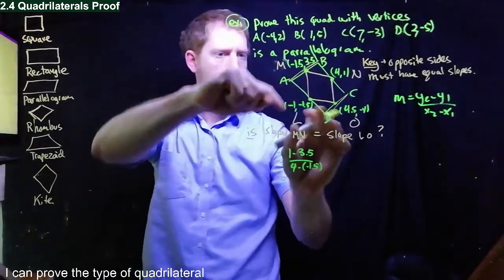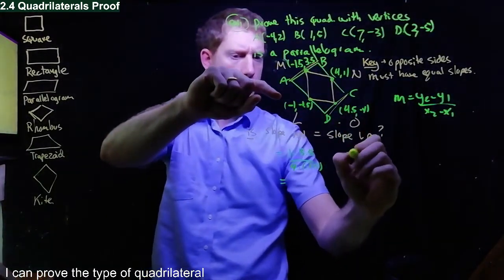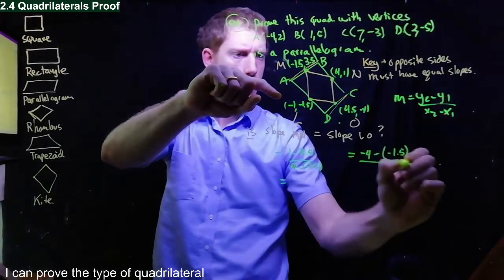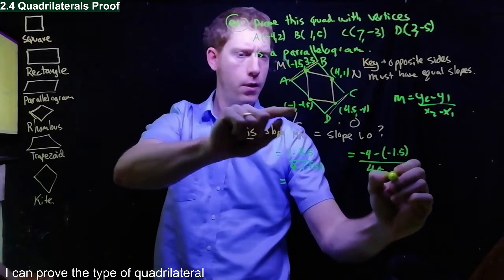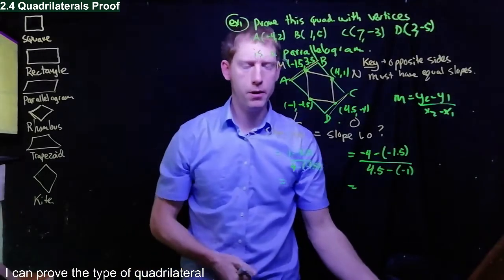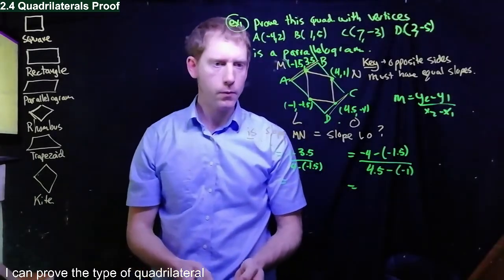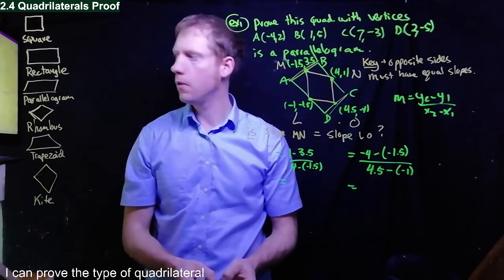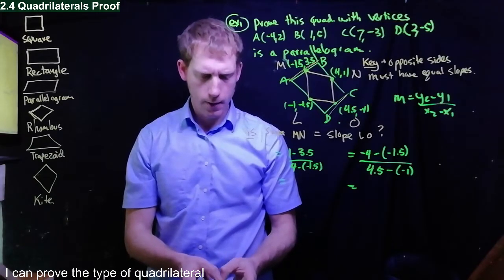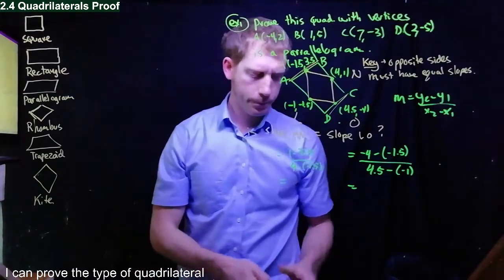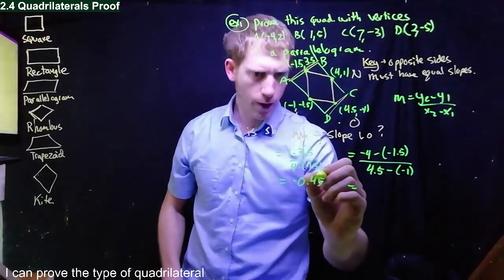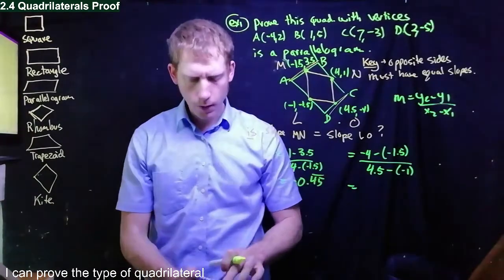And for the slope between L and O, it's going to be -4 minus 1.5 divided by 4.5 minus 1. And then we can determine the slope of those. Divided by 5.5, we're going to get -0.4545 repeated.